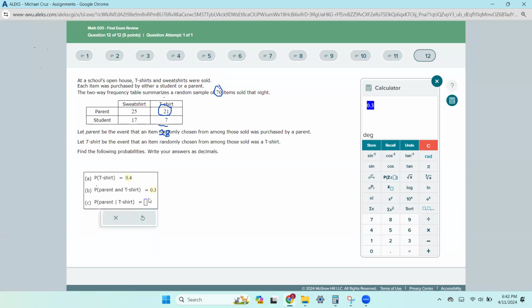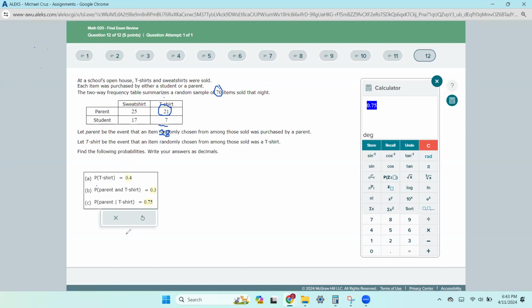Now, if we kind of remember our formula here, it'll make this easy, but let me just show you. All right, so this right here, this means parent, given that it's a t-shirt. So the t-shirts are going to be in the denominator, and then both is going to be in the numerator. So it's going to be 0.3 divided by 0.4. Whoops. So that's 0.75.